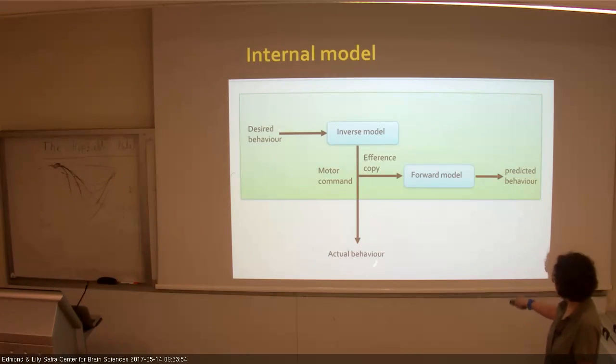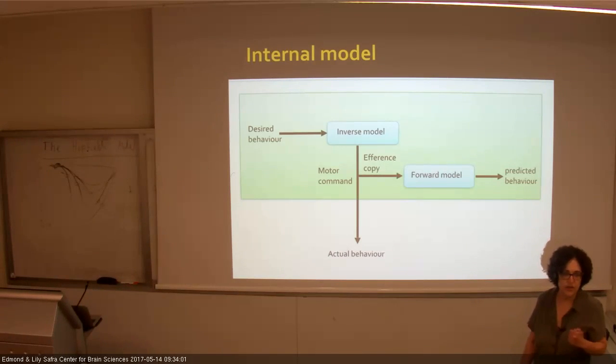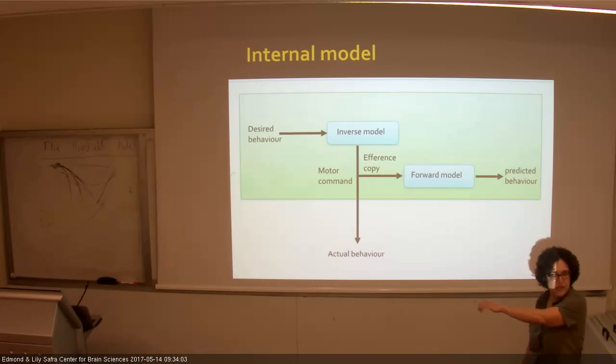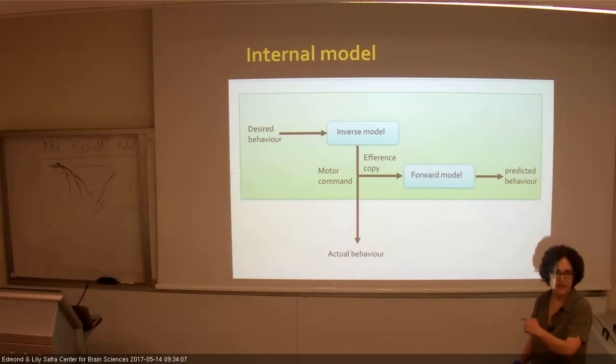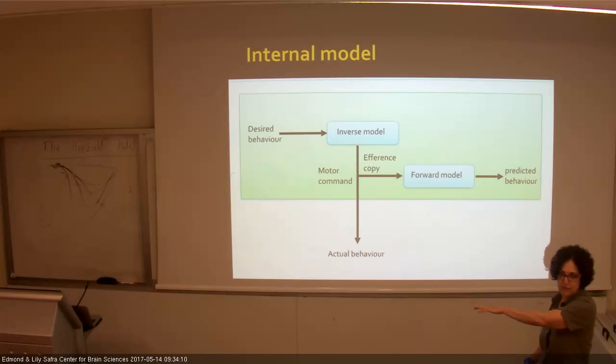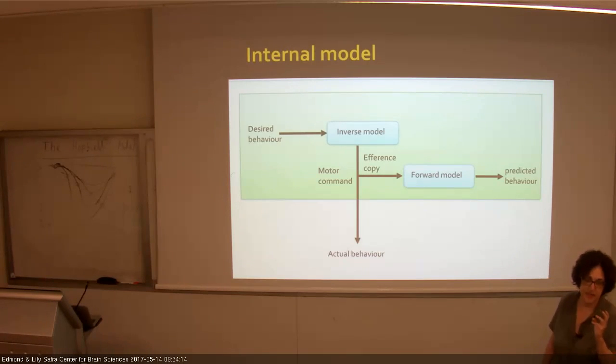By the time we get the feedback, the movement is already performed. The command was already sent. You cannot correct, and it will bring oscillations at the end point, because you correct and try to move back and forth until the system is very unstable.